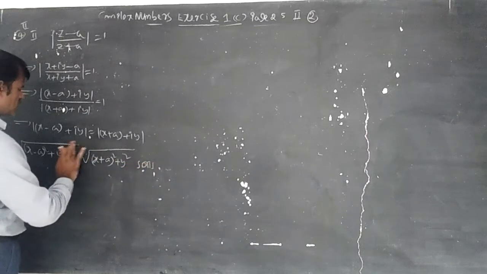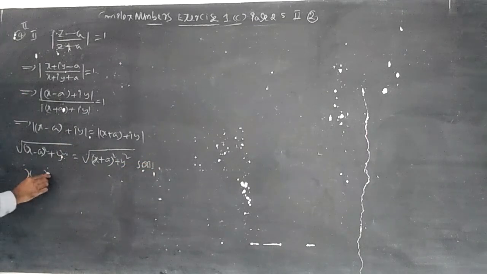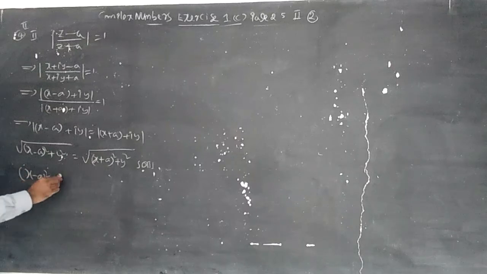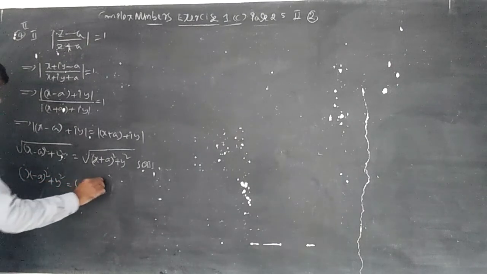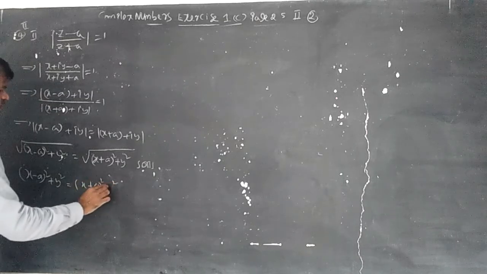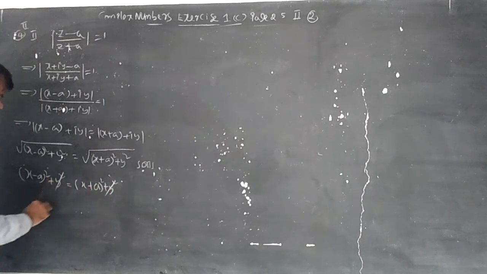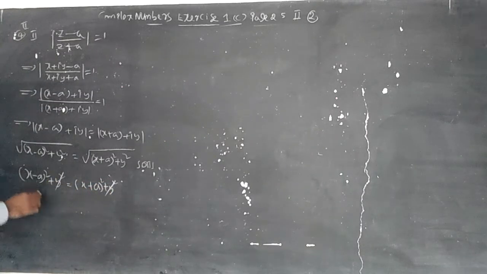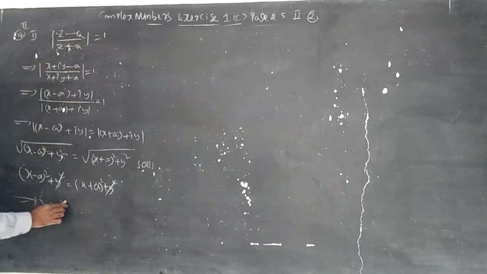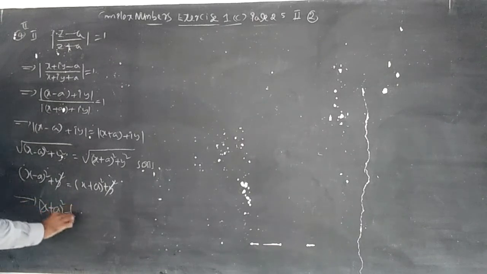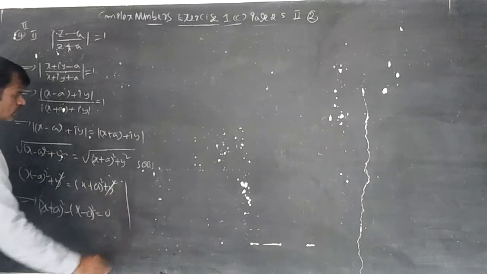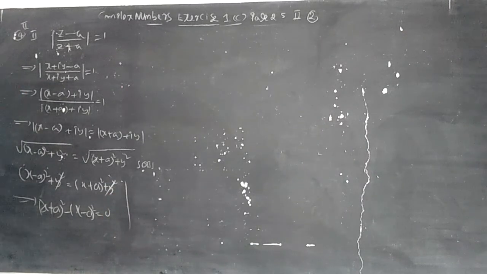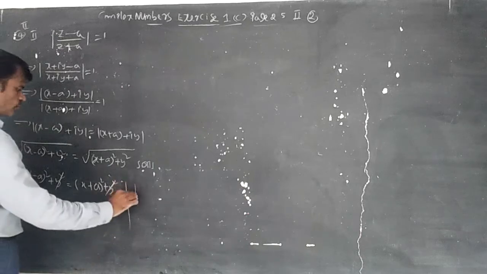Now write squaring both sides. So this is x minus a whole square plus y square is equal to x plus a whole square plus y square. Y square gets cancelled. X plus a whole square minus x minus a whole square equal to 0. The formula a plus b whole square minus a minus b whole square is equal to 4ab.